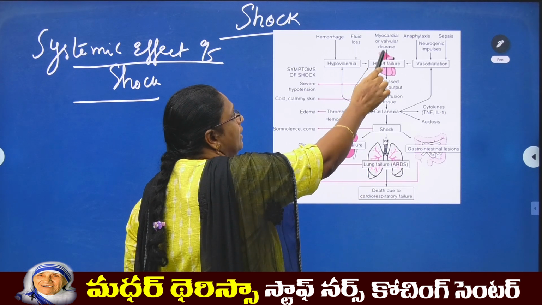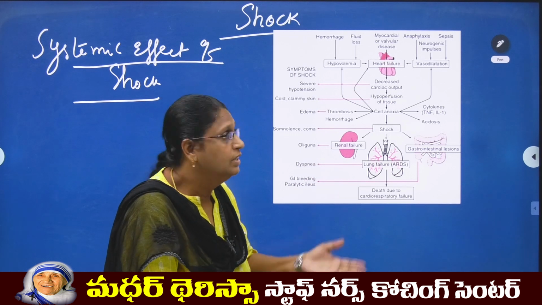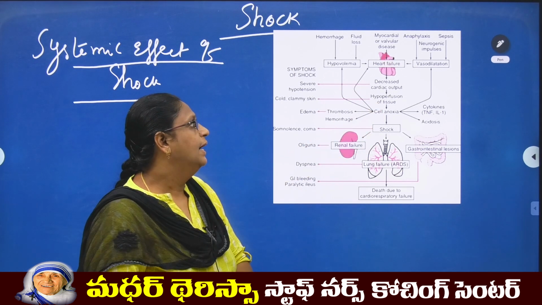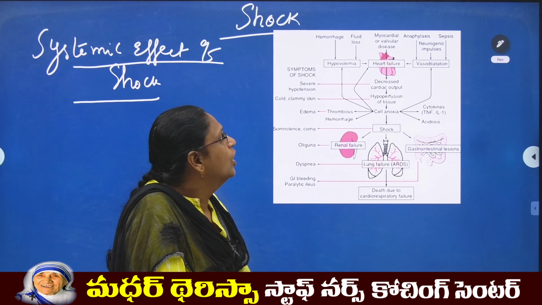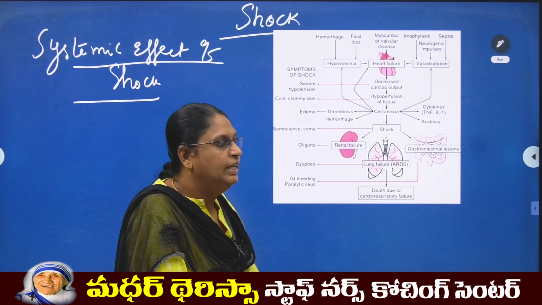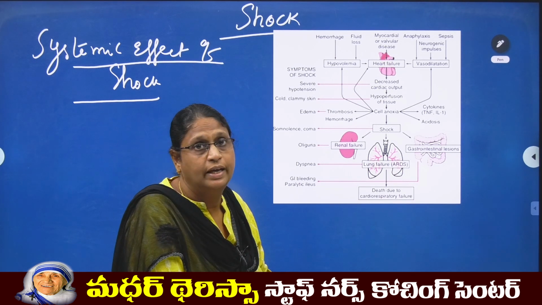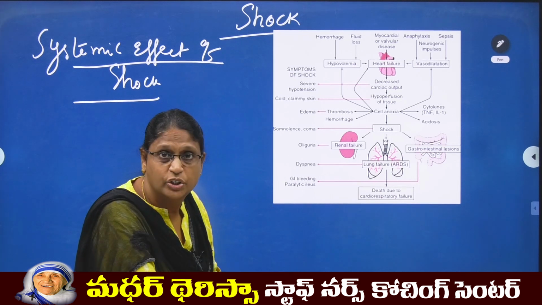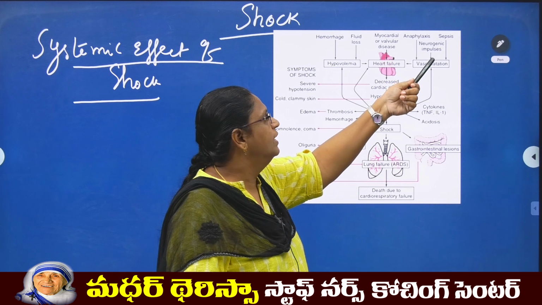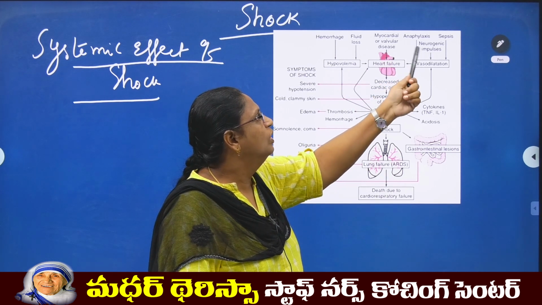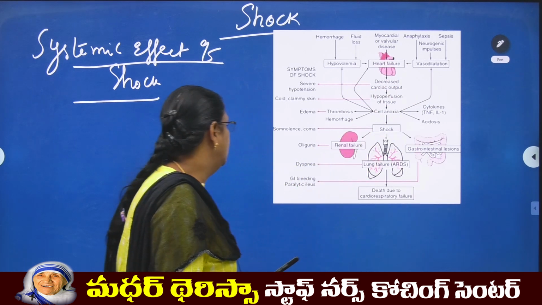When they have heart failure, there will be decreased cardiac output, decreased blood pressure, decreased perfusion of tissue, and there will be cell anoxia and shock. And neurogenic, like in any sepsis, infections, and anaphylactic reactions, what happens is that there will be neurogenic impulses, which cause vasodilation.